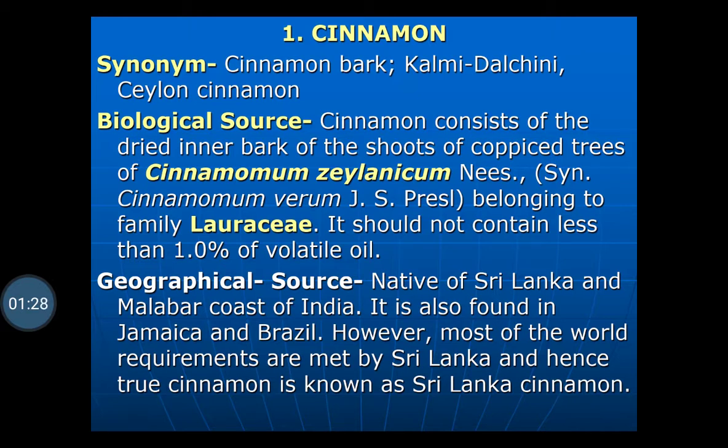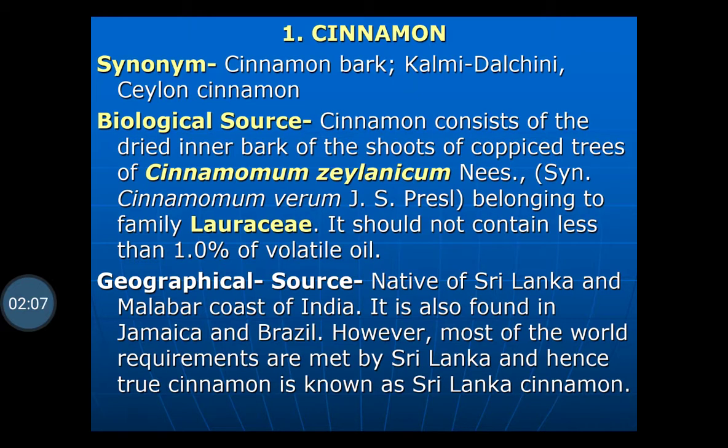Biological source: cinnamon consists of the dried inner bark of the shoots of the coppiced trees of Cinnamomum zeylanicum belonging to family Lauraceae. During harvesting, the cinnamon tree, which is 7 to 8 years old, is cut from the trunk, and the bark is collected by giving horizontal and vertical incisions on the surface of the trunk as well as on the branches.